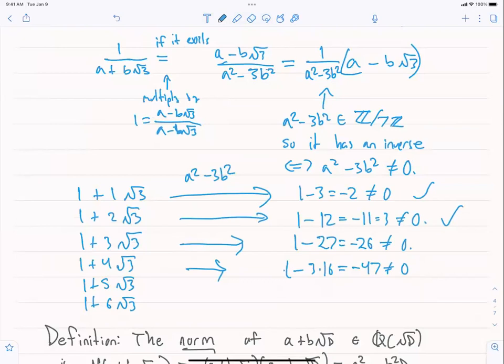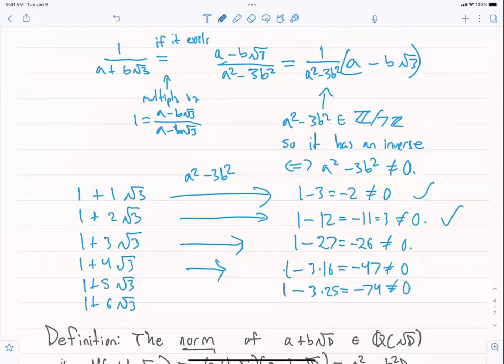Sorry, keep on going. So 1 minus 3 times 25, it's minus 74. That's not divisible by 7.